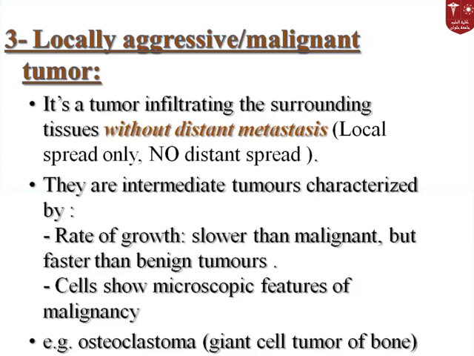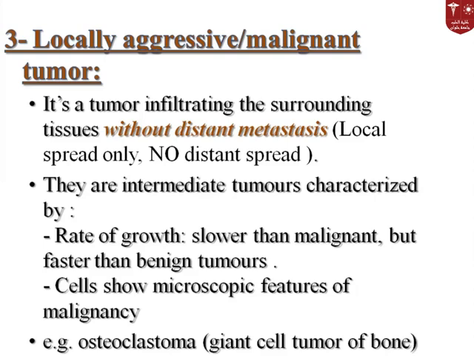So, till now, we divided the tumors into benign and malignant. However, we have a third type according to the behavior, which is called locally malignant or locally aggressive tumor. This tumor under the microscope has similar features of malignancy, which are increased nuclear cytoplasmic ratio, hyperchromatism, pleomorphism, mitosis normal and abnormal, right? Vesicular nuclei.